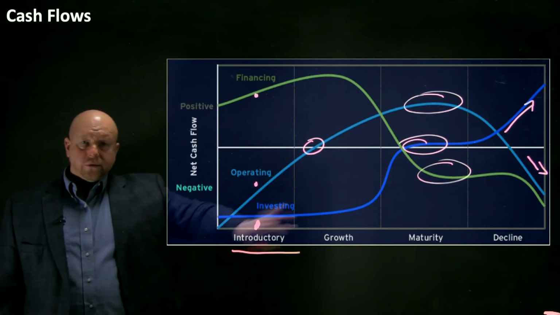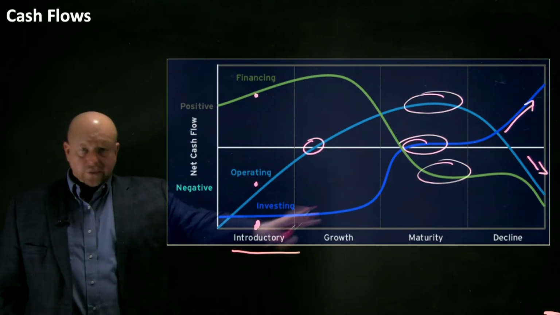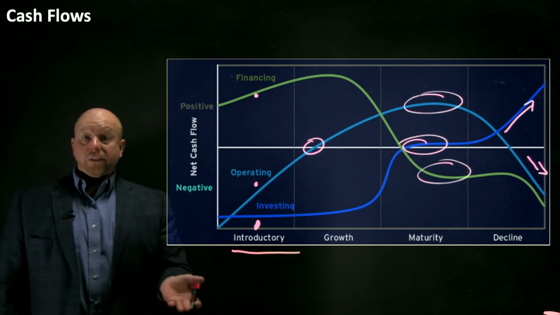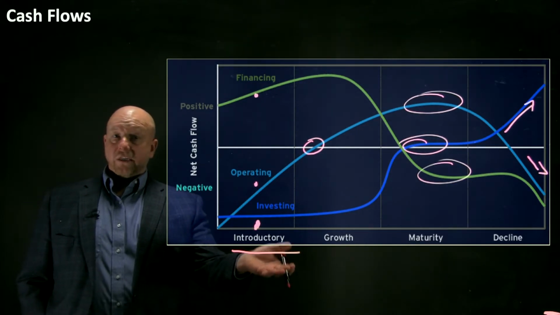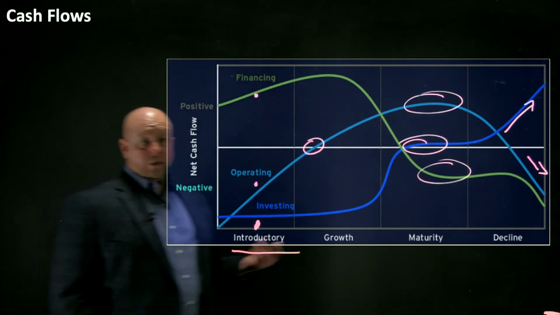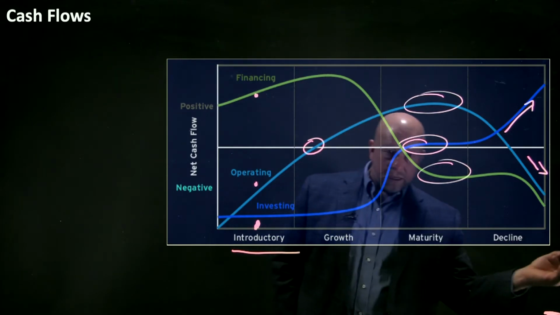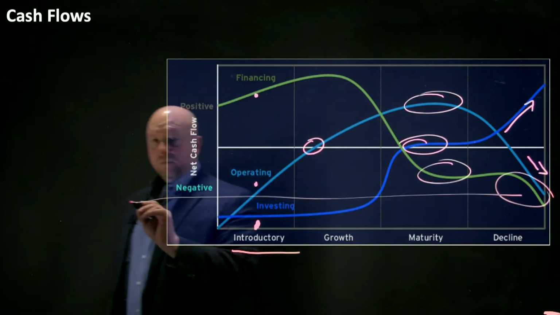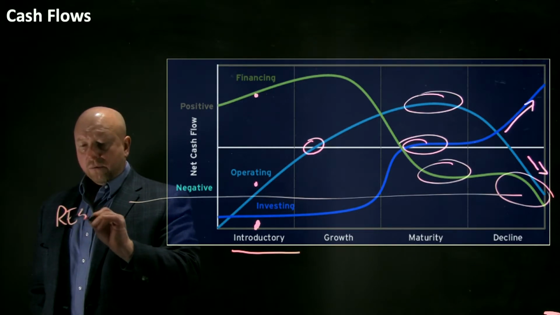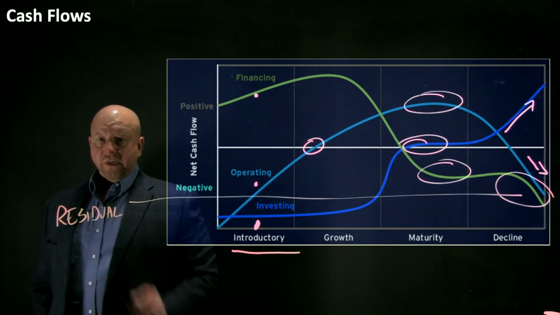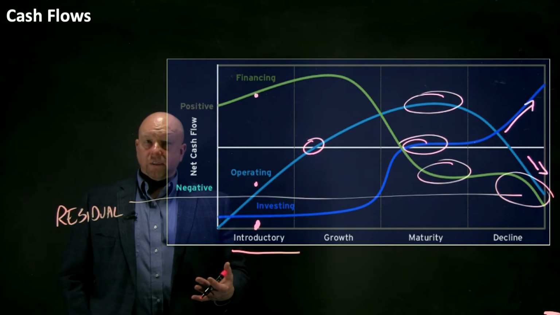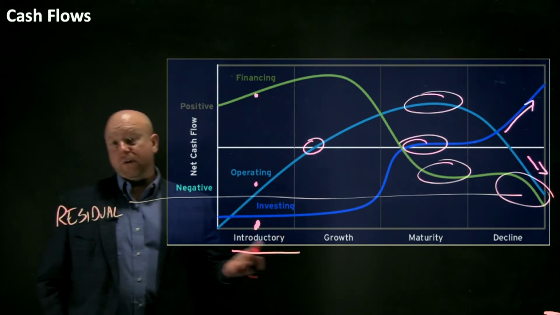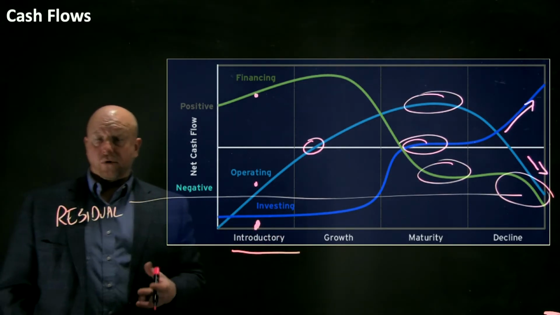Sell those ovens, those tables, those chairs, the buildings, delivery trucks, things like that. That's going to generate investing cash inflows. What are we going to do with those inflows? Well, at the end of the day, the residual value or the residual amount is going to go to the investors. So we're going to pay off our debts, and then whatever's left over goes to the investors. That's the concept of owner's equity.